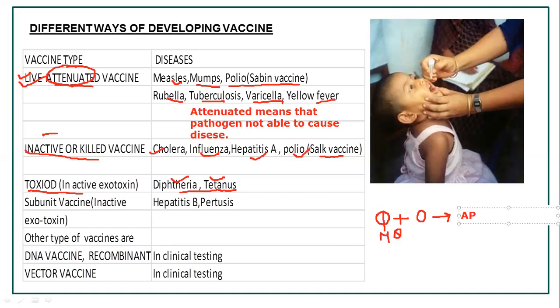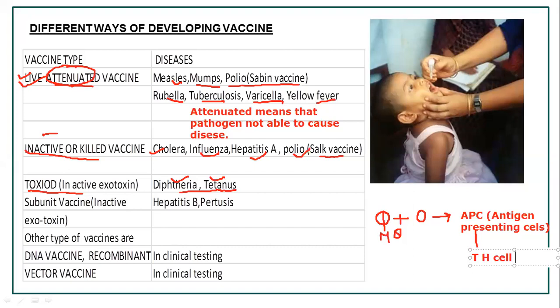Antigen presenting cells display the pathogen so that other immune cells can recognize it, and then it activates the T helper cells, the TH cells.